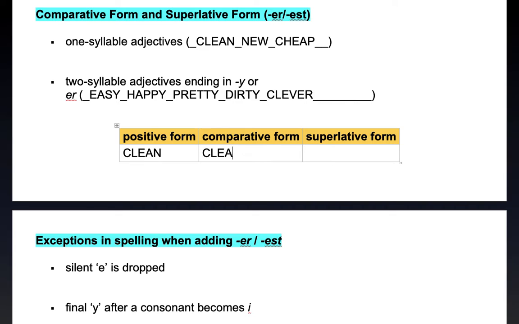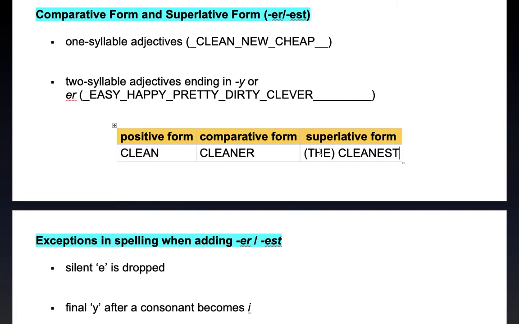So, in this case you have to say cleaner, más limpio que, cleaner. E-R. And the superlative is cleanest, el más limpio. Very easy, very simple.